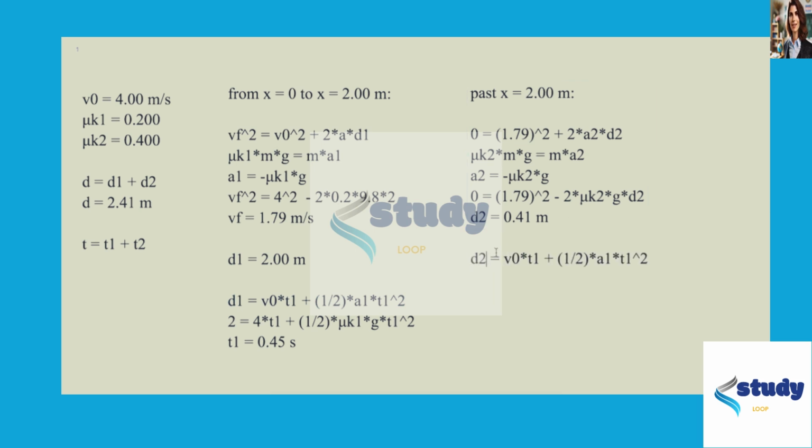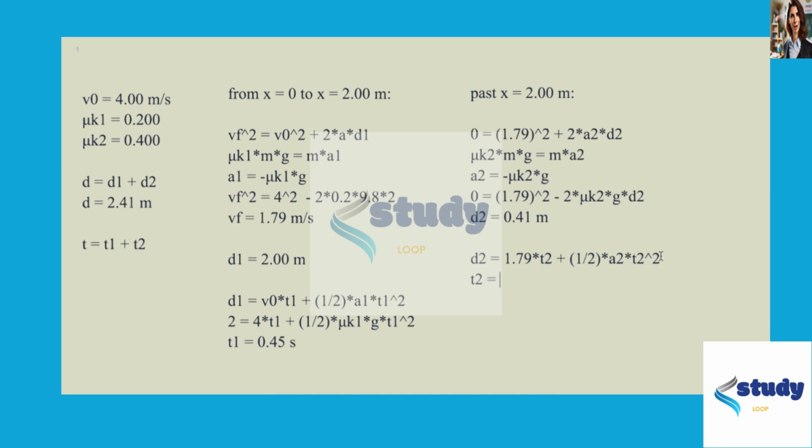And now we can do the same thing for the second time. Now we have D2, T2, and A2. Now our V0, remember, is going to be the starting velocity here, which is 1.79. So this is the important change here. D2 is 0.41, A2 is our value here, and we're solving for T2. Again, we're going to get a quadratic equation.